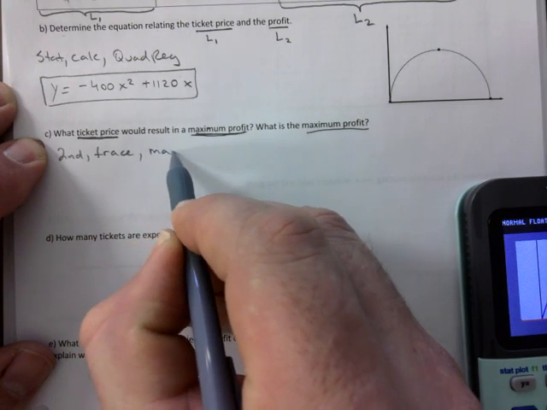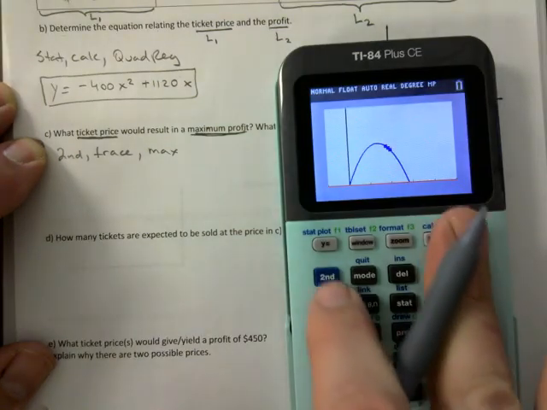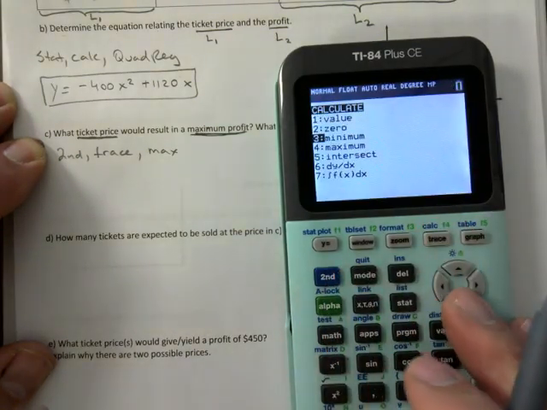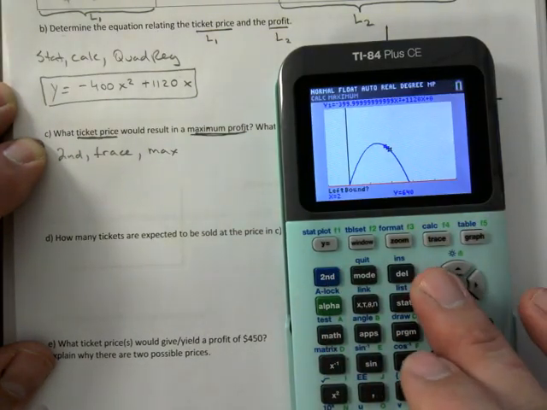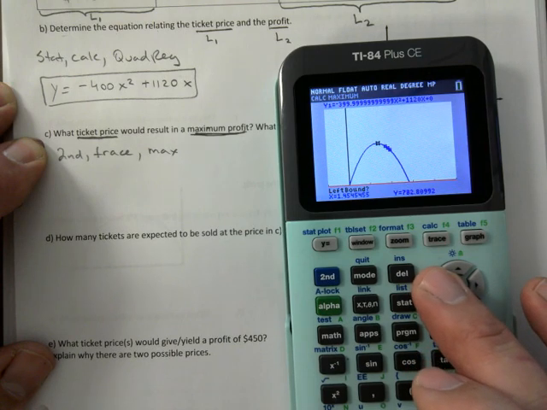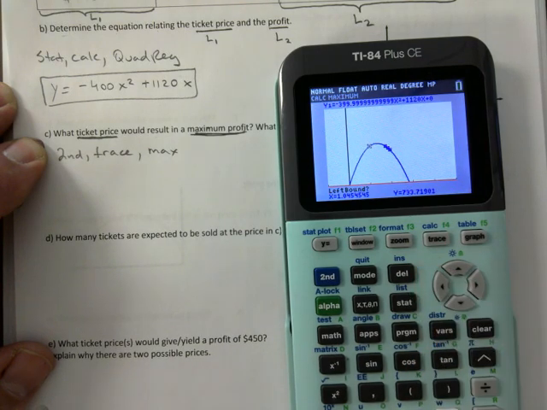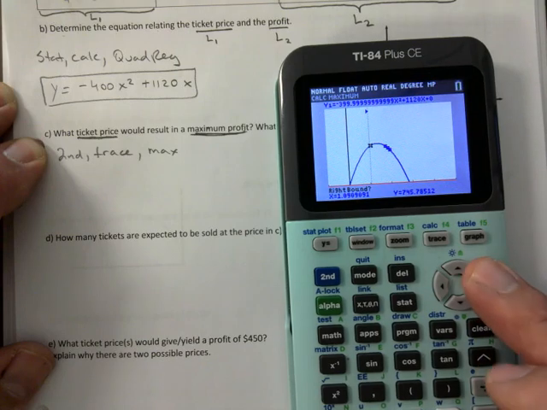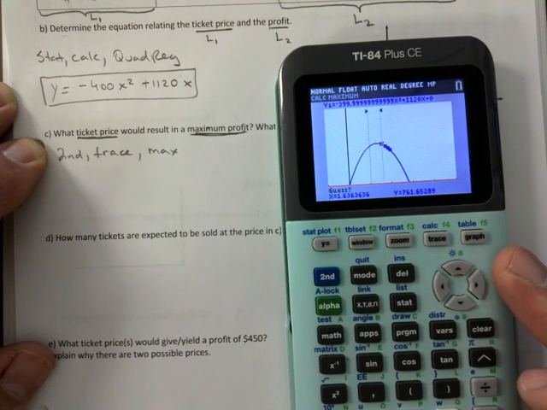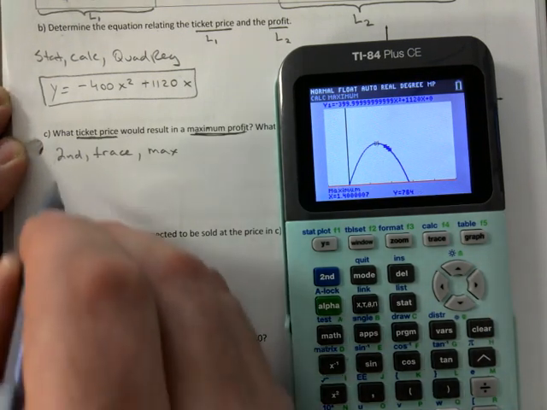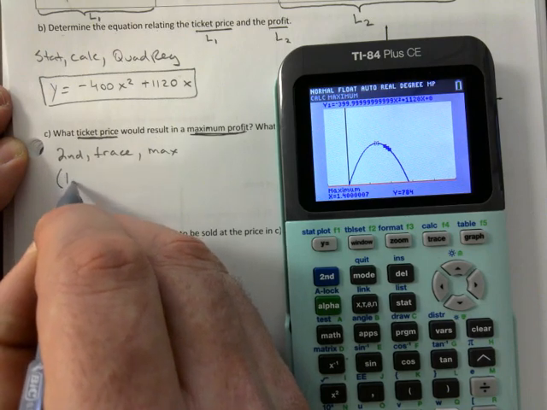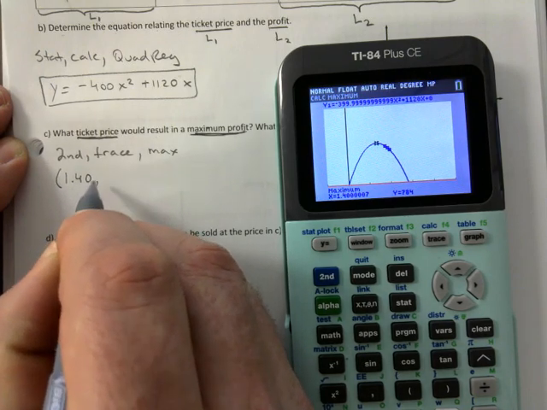Second trace max. So we're going to go second trace maximum. And you see those 3 points that you entered, right? Enter, go to the right, hit enter, and then enter one more time. Write down the coordinate. So we round to 2 decimals, right?